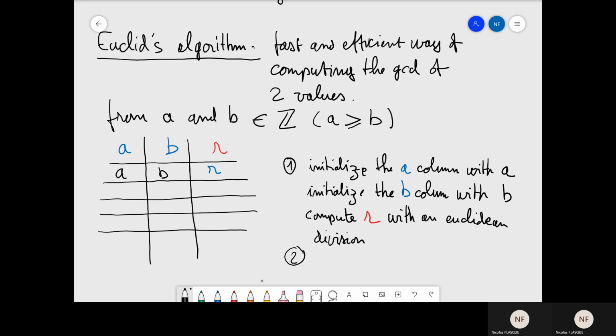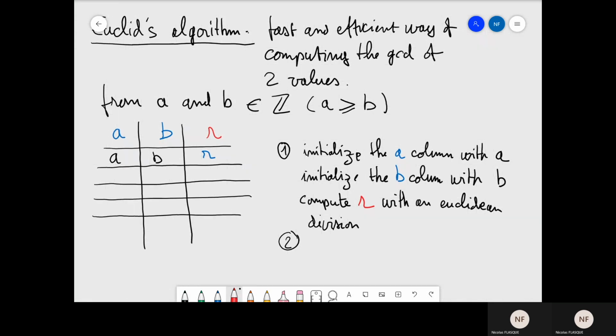Second part of the algorithm, it is a sequence used to make the calculation. And this is quite algorithmic.